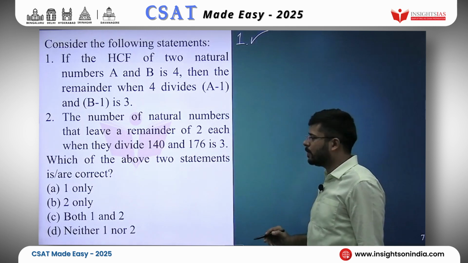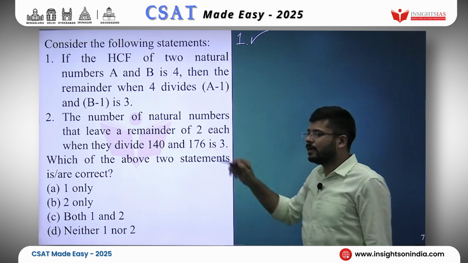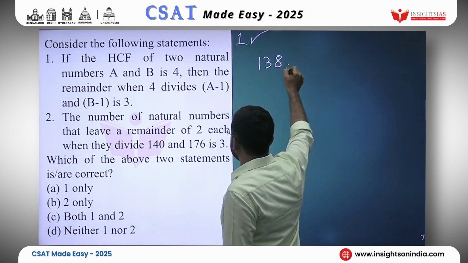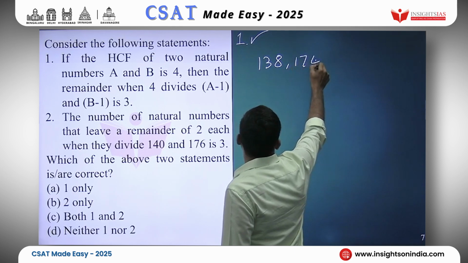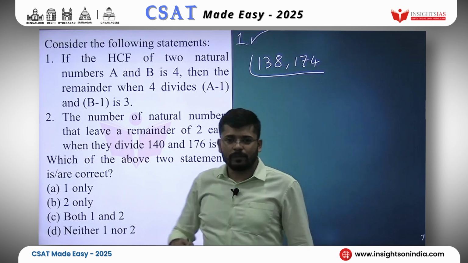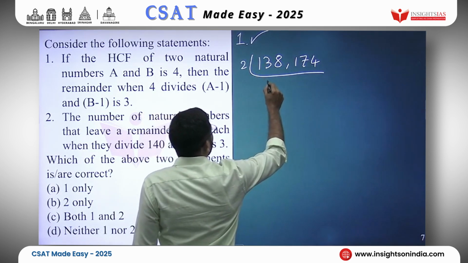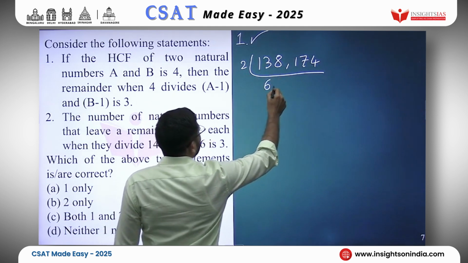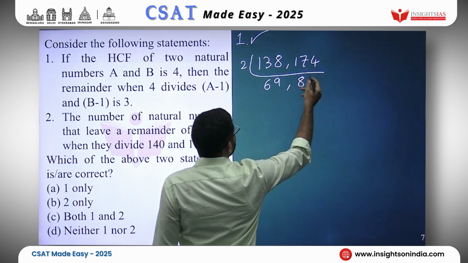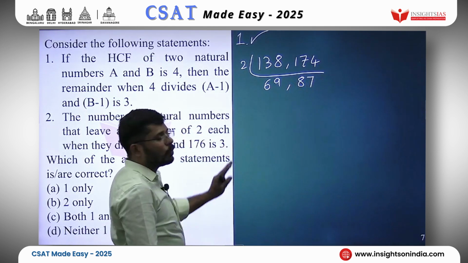For 140 and 176, we need to take the HCF of 140 minus 2 and 176 minus 2, that would be 138 and 174. Both are even numbers, so we will divide them by 2. That gives 69 and 87.